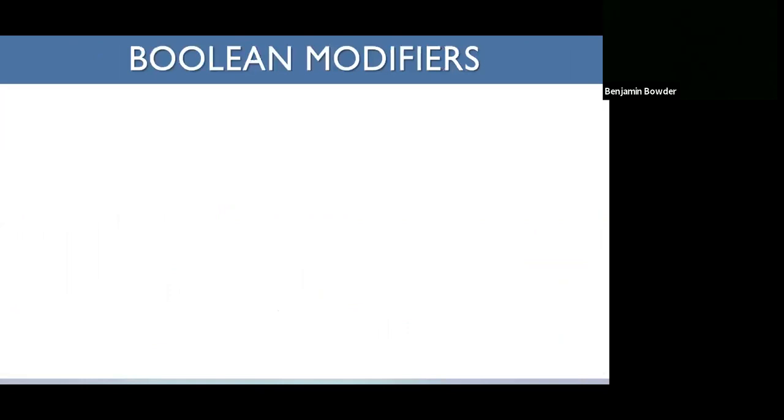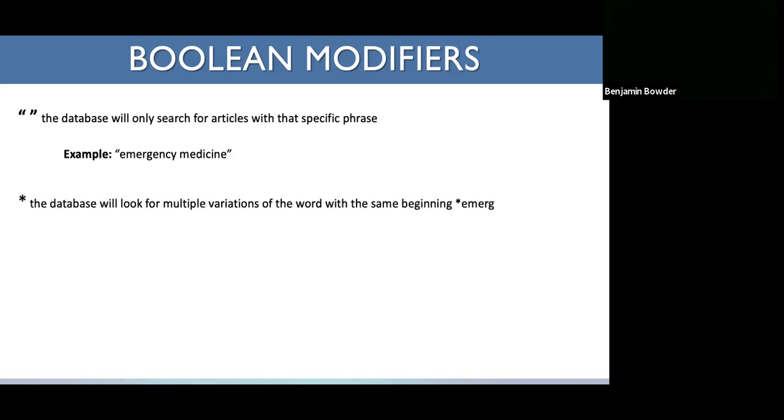So one way to do that is to add Boolean modifiers. So in addition to the three words and, or, not, you can use quotations, which will only search for articles with that specific phrase. So instead of searching for emergency and medicine as two words separately, it would only search for the phrase emergency medicine within an article. If you use an asterisk, the database will look for multiple variations of the word with the same beginning.